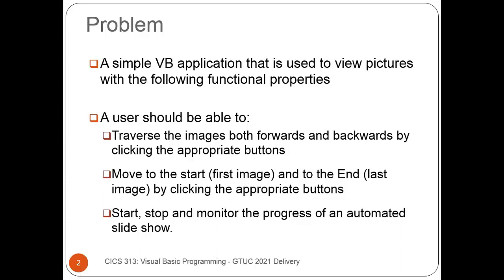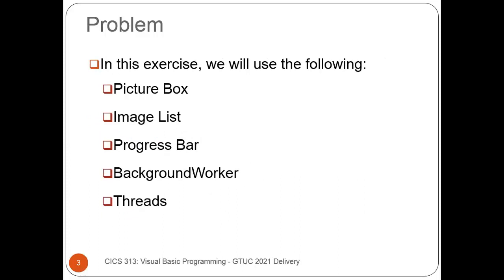All right. So the background worker control is what we are going to use to manage this. We are going to use that to run our application on different threads: the user interface on one thread, and the loop on a separate thread, so that we don't cause our user interface to freeze.